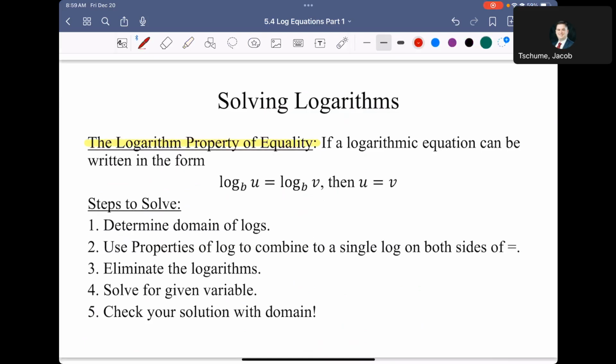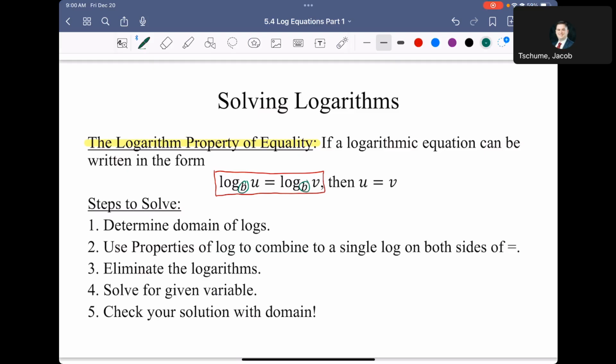And so what this says is that if you have a logarithmic equation, and it can be written in the following form, where you have a logarithm on one side and a logarithm on the other side, what you should notice is that they both have the exact same base.